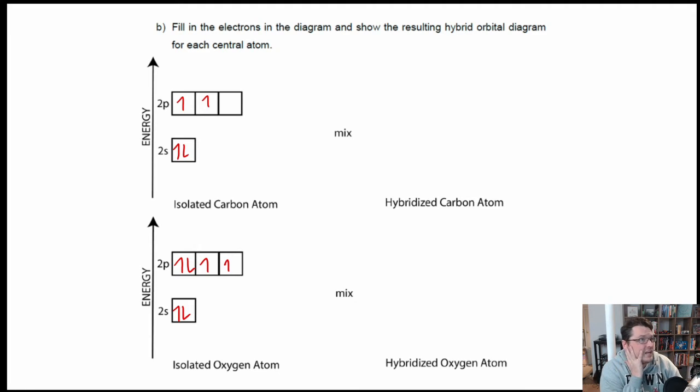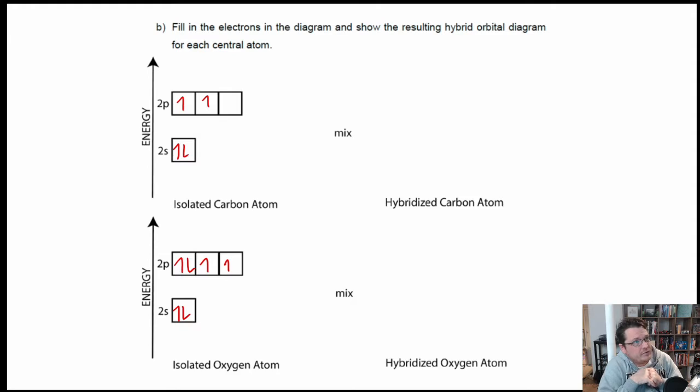Thinking about bonding, to form a covalent bond, electrons are shared, and so you have to have 1 unpaired electron in each atom that can come together to form a molecular orbital.